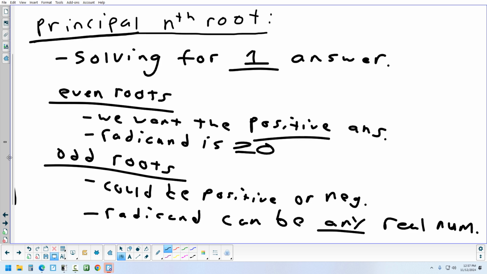So again, what it means to solve for a principal root, and then a few different facts about even and odd roots. The answer could be positive or negative. Here, we want just the positive answer.